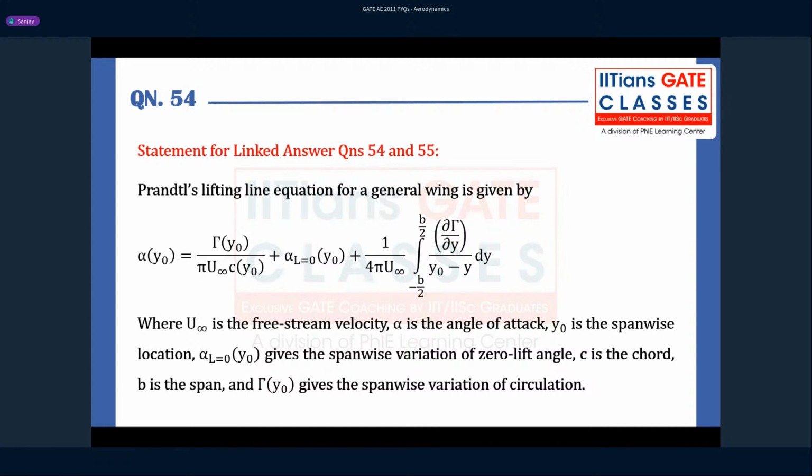U infinity is the free stream, alpha is angle of attack, y naught is a span-wise location, alpha L equals 0 is the zero lift angle of attack variation along the span, gamma is the circulation, right? So this is how the complete circulation or the angle of attack over the wing is modeled by Prandtl by his equation, right?